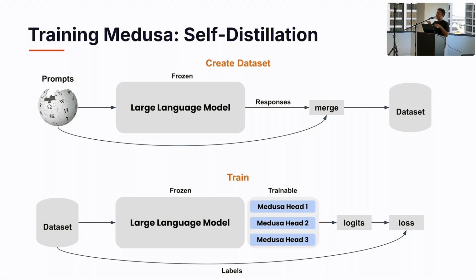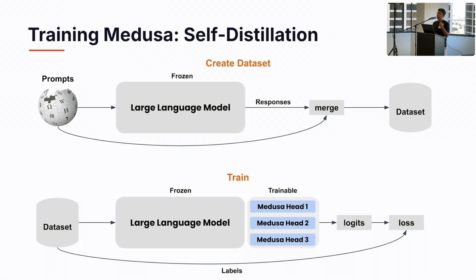So this gives you a data set. And then you can fine-tune the model on this data set that you've produced, but you only train the Medusa layers in your model. You go through the same fine-tuning process that Pierre described prior, and you're going to get these trained Medusa heads that you can use.